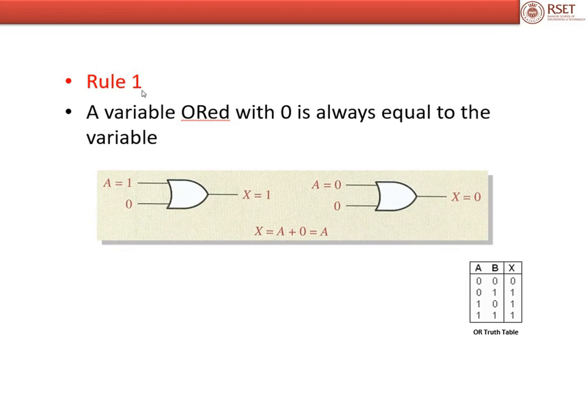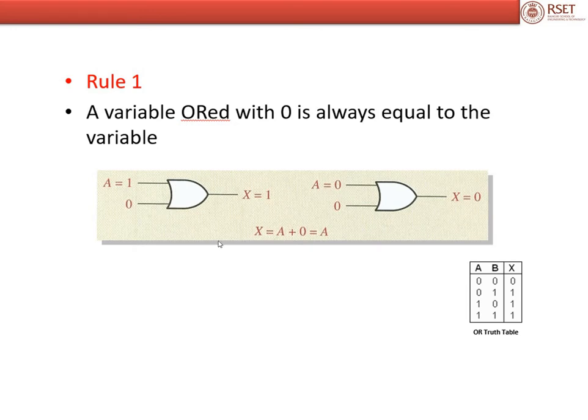So the rule 1 is a variable ORed with 0 is always equal to the variable. It is shown using the gates. So here OR gate is used. The variable here used is A. So the variable can be 1 or 0.